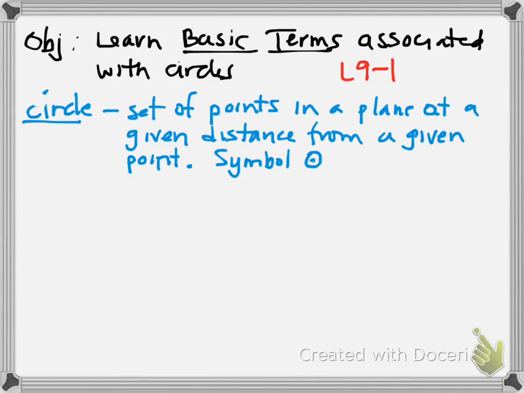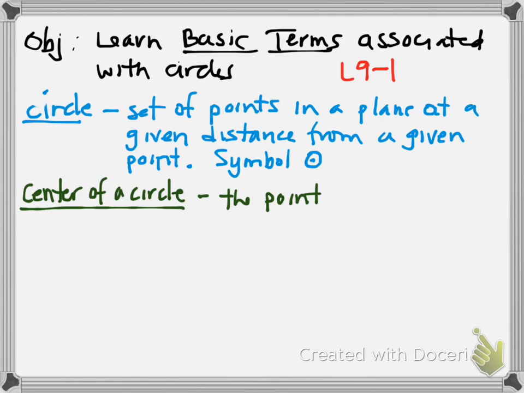Okay? Now, that little dot is associated with what's called the center of the circle. So I'm going to talk about that, and then we'll go back and add to that particular thing. So the center of a circle is the point that the circle is, let's see how to say this.